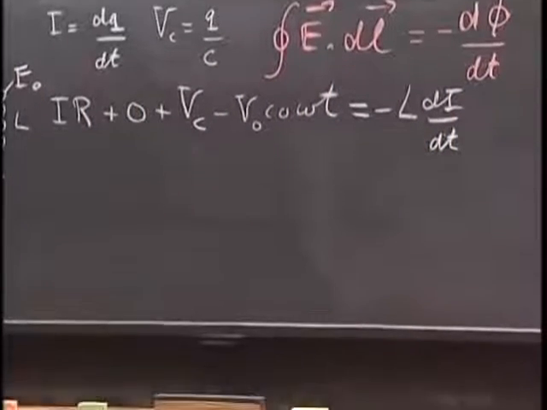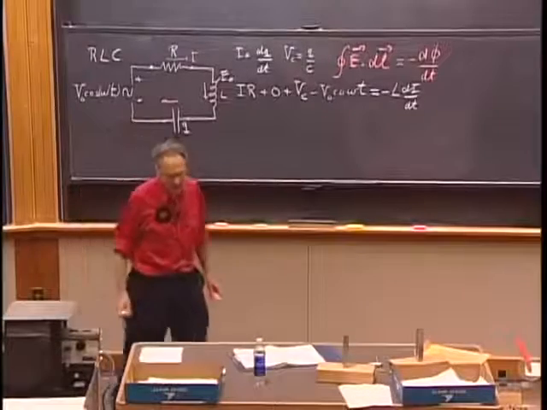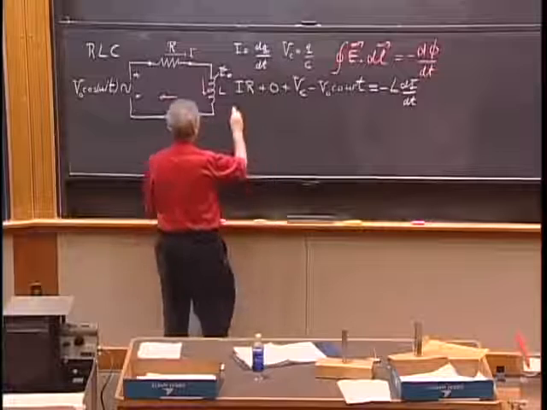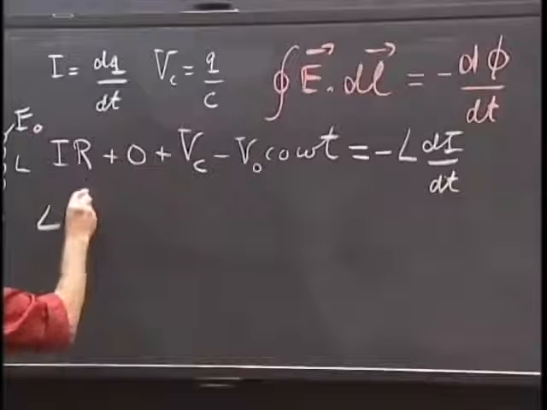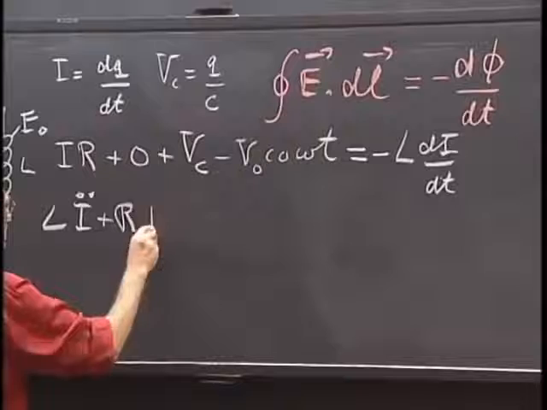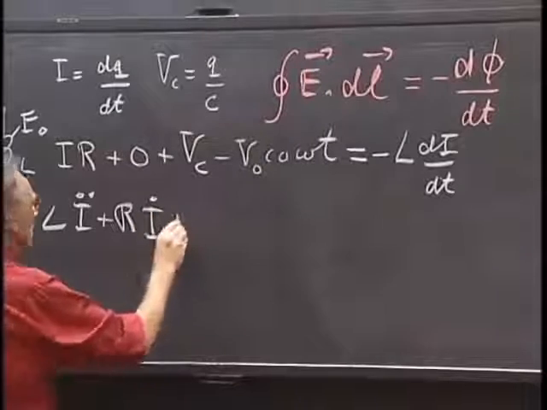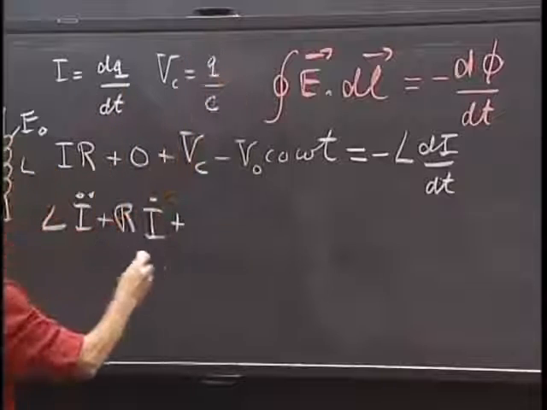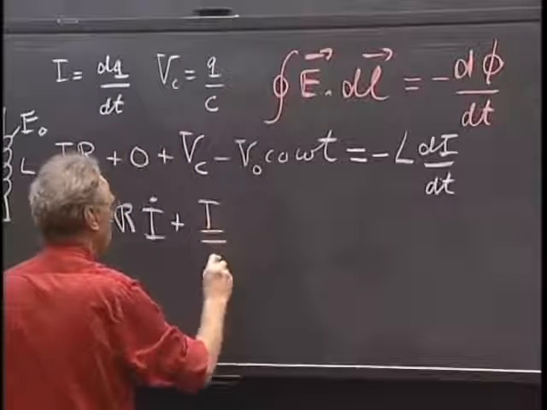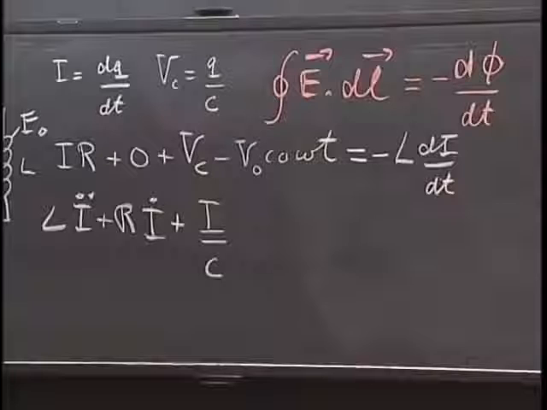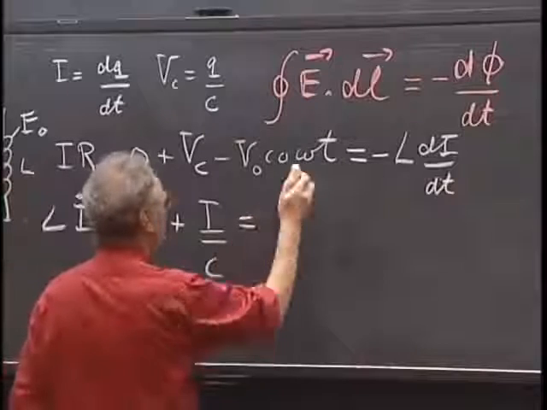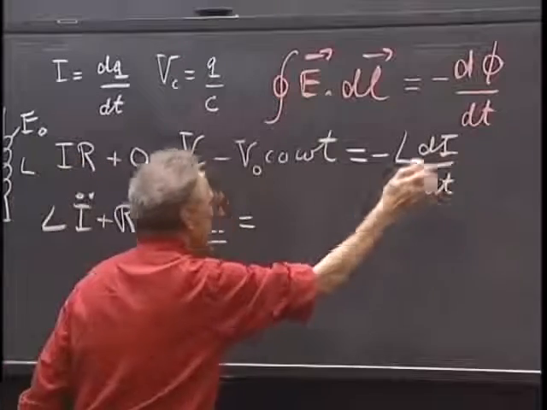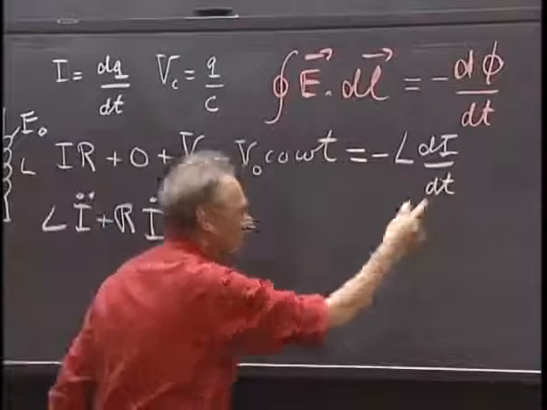So now what I do, I bring the L in, and I take one more time derivative. And so I get L times I double dot plus R times I dot plus Vc, but I take the time derivative, so the Q dot becomes I. So I get I divided by C. And that now becomes the time derivative of this function, but it goes to the right side, which makes the minus sign a plus.